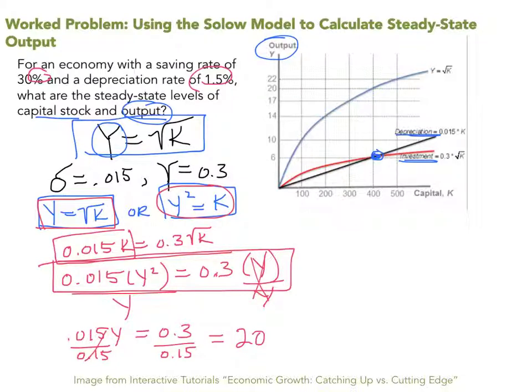I've solved for y equals 20. And lo and behold, if you go up to the steady state on the graph, where depreciation and investment cross, you're at a y of 20.